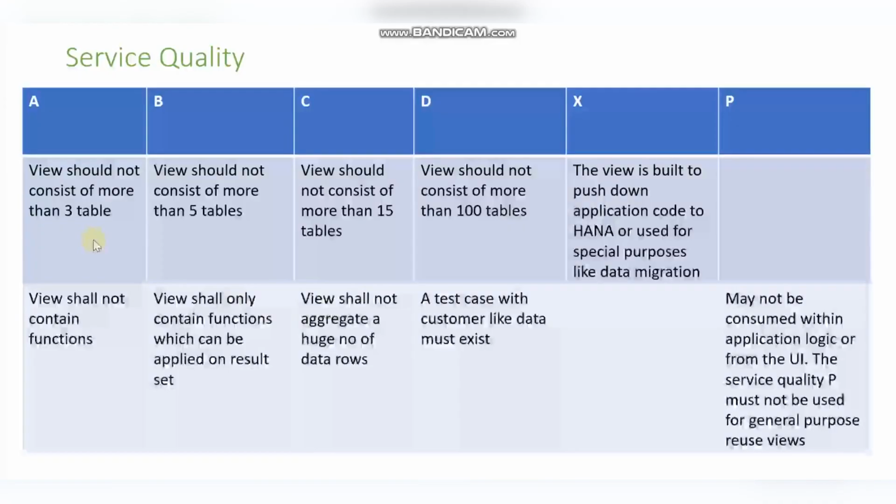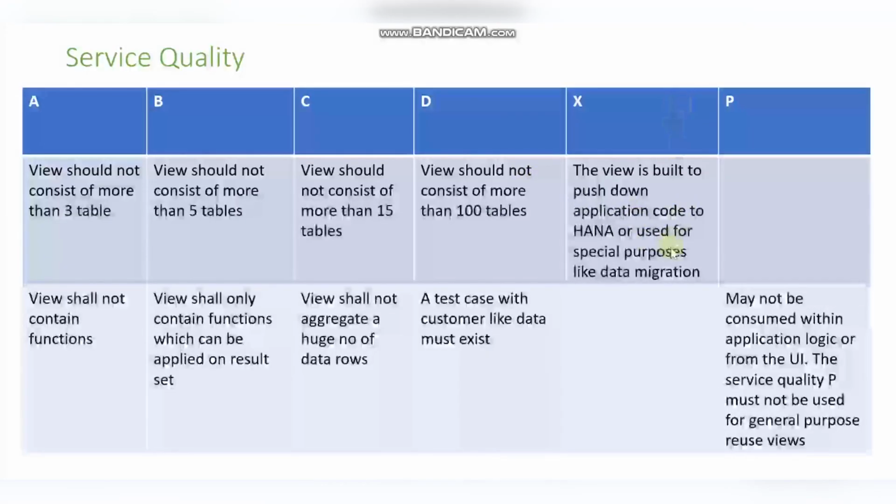If you observe, the number of tables varies based upon the value of the service quality annotation. Here we have three tables. If you make the annotation value A, your CDS view should not contain more than three tables. In the same way, it is 5 for B, 15 for C, and 100 for D.